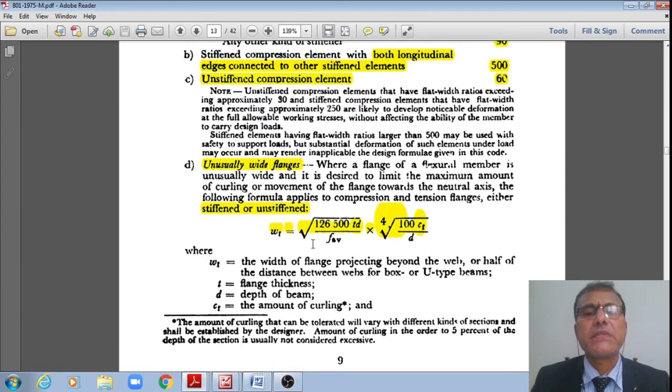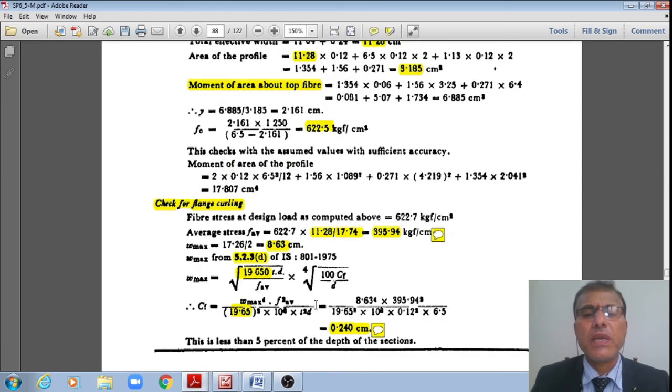Unusually wide flanges. There, either for stiffened or unstiffened, WF is given by the square root of 126,500 t d divided by FAV, times the fourth root of 100 CF divided by d. Therefore, using this formula, I'm just recalling the same formula, student, right?